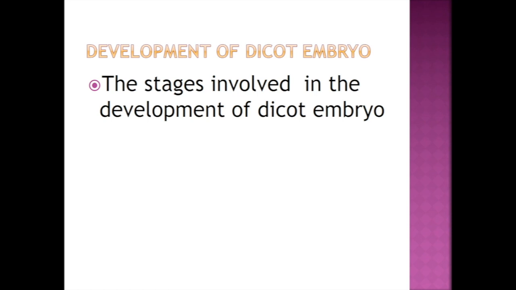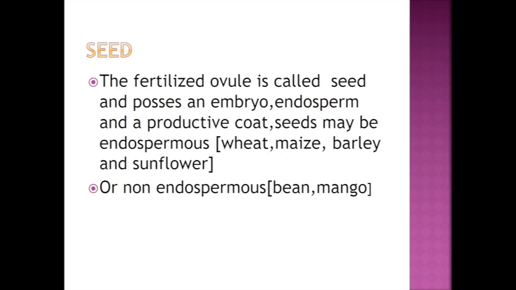Next one. Seed. What is called a seed? The fertilized ovule is called a seed and possesses an embryo, endosperm and a protective coat.